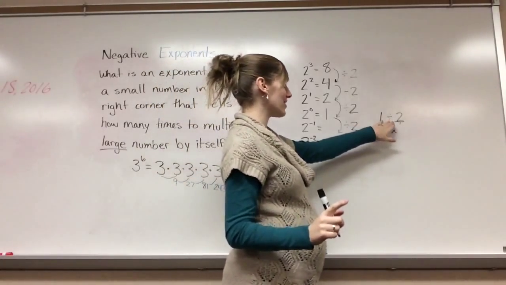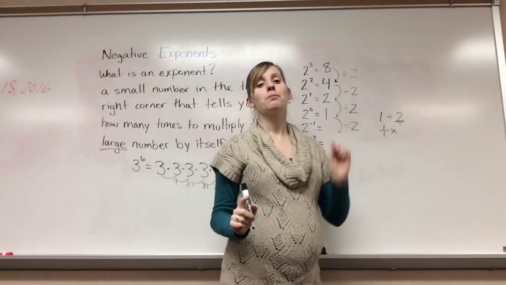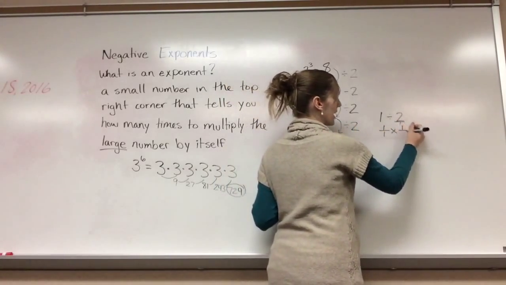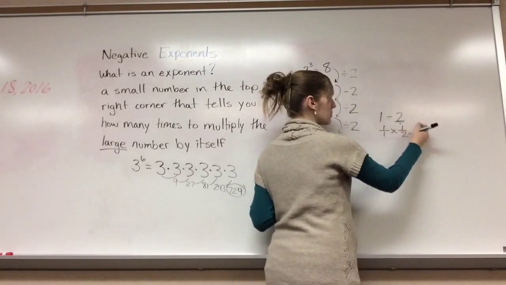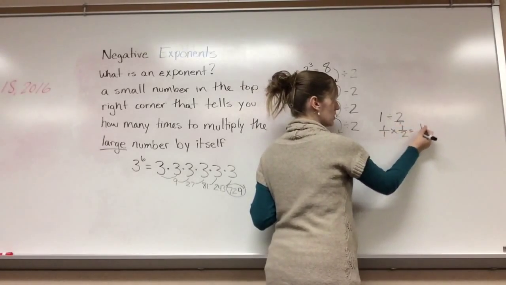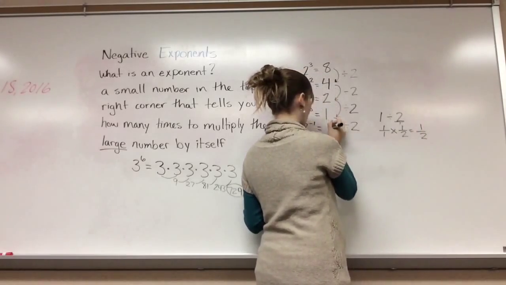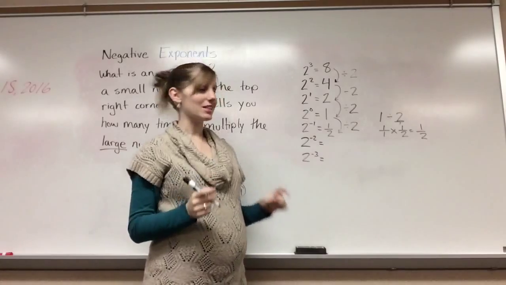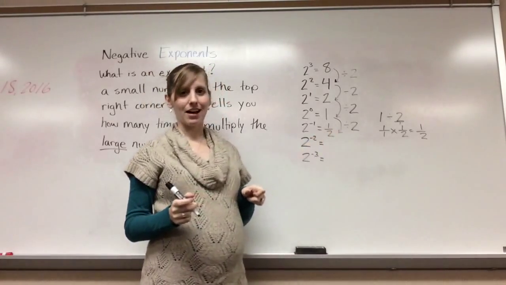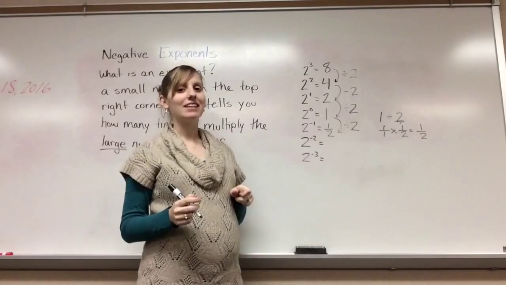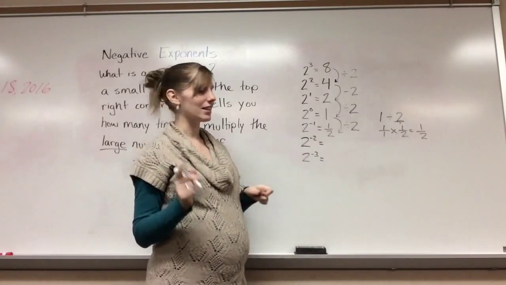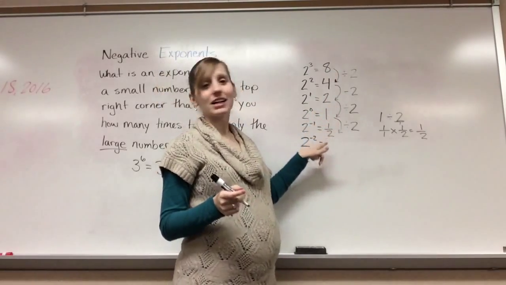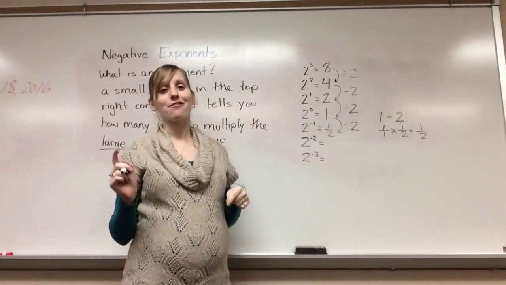To change a division problem into multiplication, you must flip the second fraction. So instead of 2 over 1, we'll make it 1/2. So 1 times 1 is 1. 1 times 2 is 2. This is 1/2. 1 divided by 2 is 0.5, which is the same thing as 1/2. Okay? Not negative 2. That is not the pattern here. If I keep dividing by 2, I'm not going to get a negative number. I'm going to get a fraction.